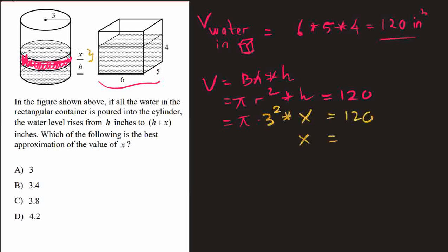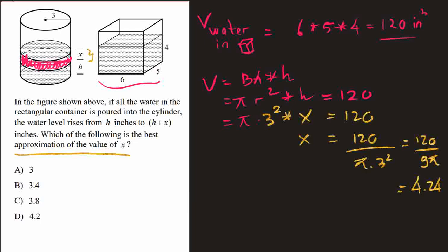X equals 120 over pi times 3 squared, 120 over 9 pi, which is 4.24. So the best approximation of the value of x will be 4.2.